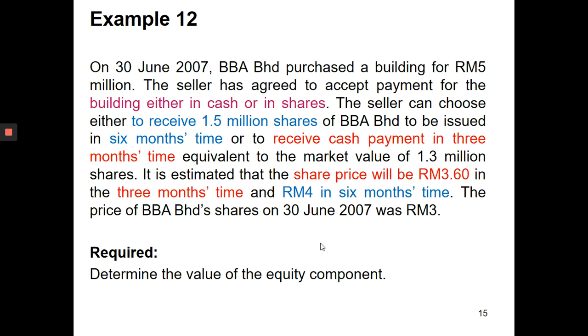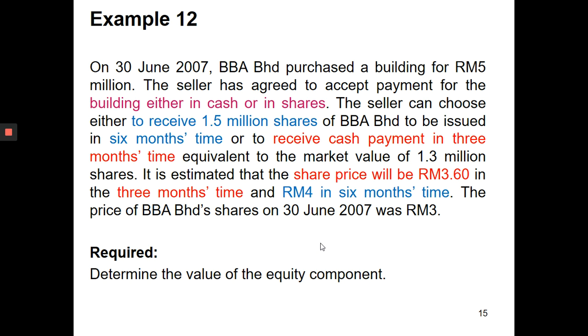Okay, so this is the example. On 30th June 2007, BBA Berhad purchased a building for 5 million. The seller has agreed to accept payment for the building either in cash or in shares. The seller can choose.